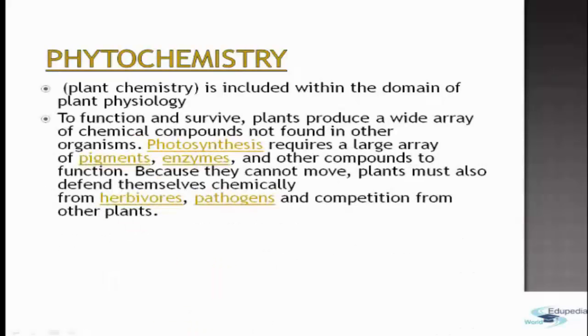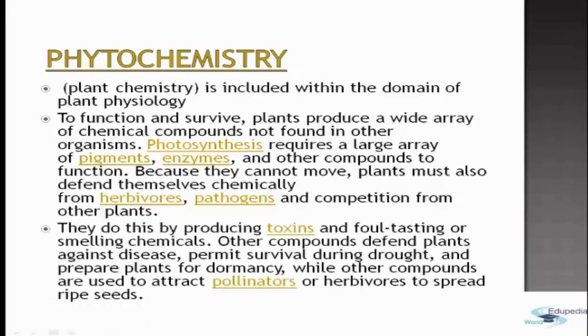To function and survive, plants produce a wide array of chemical compounds not found in other organisms. Photosynthesis requires a large array of pigments, enzymes, and other compounds to function. Because they cannot move, plants must also defend themselves chemically from herbivores, pathogens, and competition from other plants.